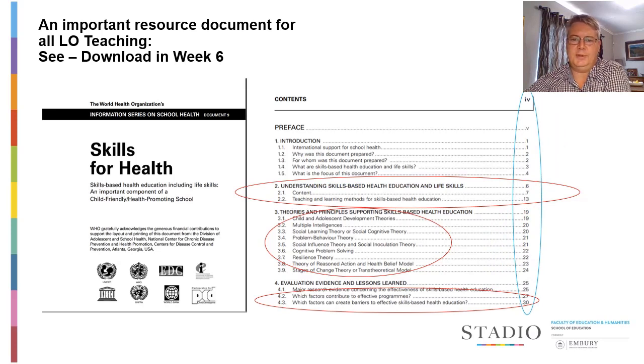It's actually a much longer document, but page 1 to page 30 will really give you a lot of good information that you can use in your essay, and that I think will make a big contribution to your understanding of the teaching of life orientation.